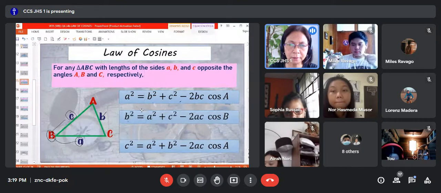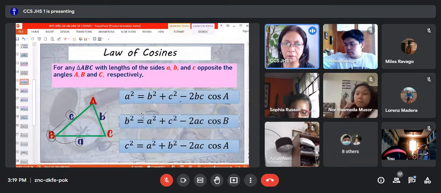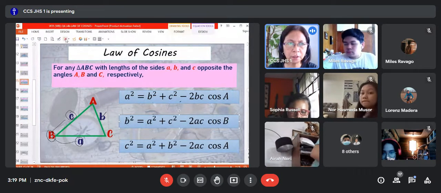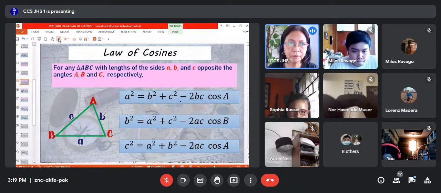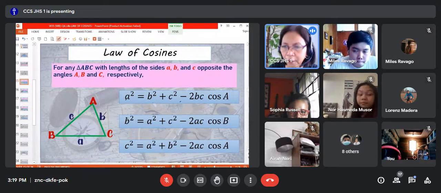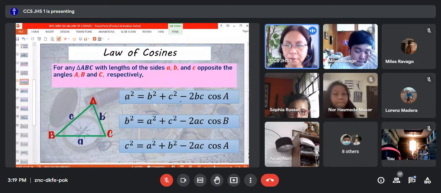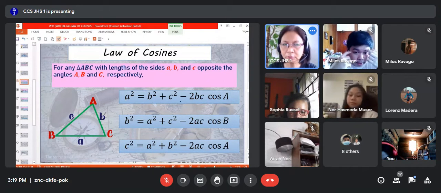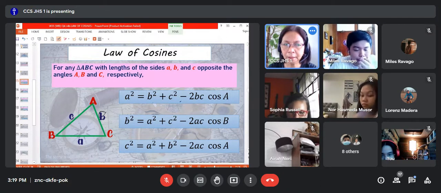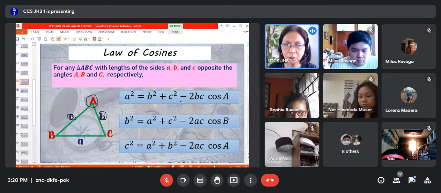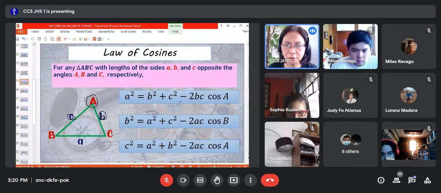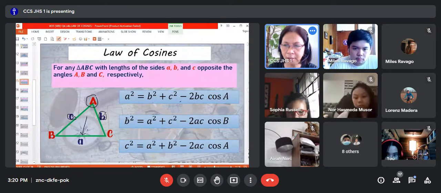Look at formula number 1. You're looking for a squared. What are the given data? If you're going to look for a, the given are b, c, and angle A. Using these three values, you can solve for length a.